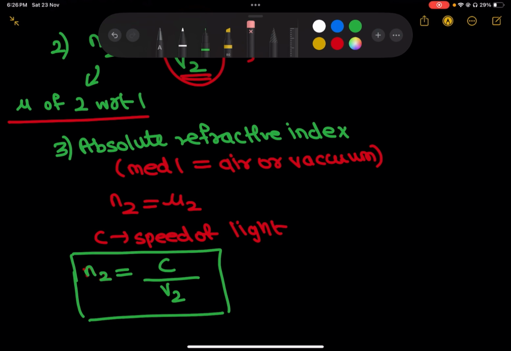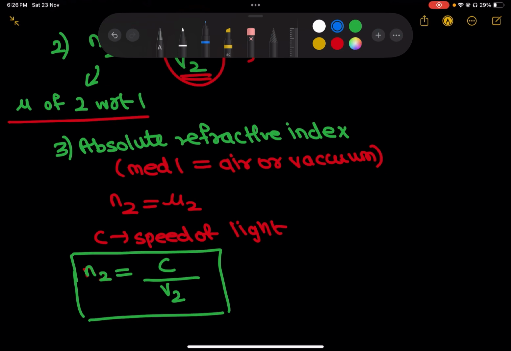So you have to remember the refractive index of air and water. Only those two, nothing else is required. Just remember it, it will help you a lot. In some MCQ questions they directly ask the refractive index of water or the refractive index of air, so it will be easy for you.